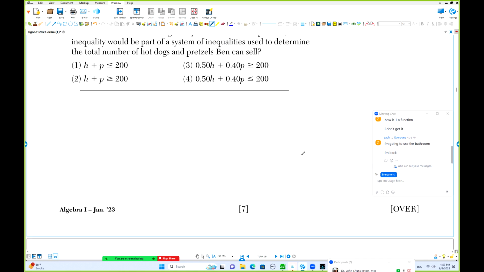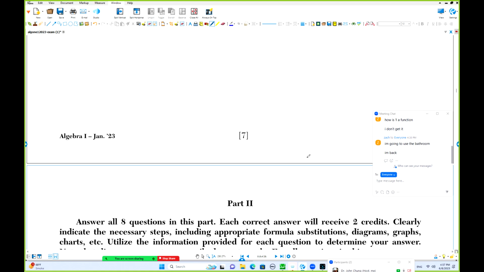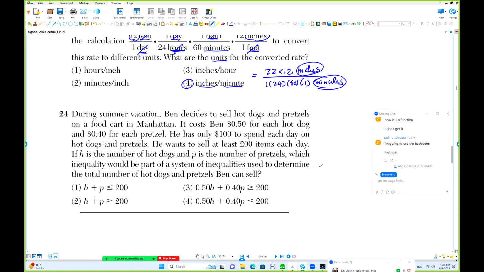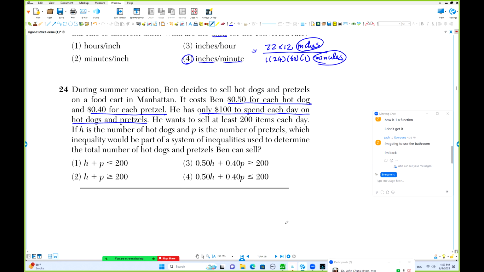All right, number 24. These are the last multiple choice questions. During summer vacation, Ben decided to sell hot dogs and pretzels on a food cart in Manhattan. It costs Ben 0.5 for each hot dog and 40 cents for each pretzel. He has only $100 to spend each day on hot dogs and pretzels altogether, so the total amount is a maximum of $100.